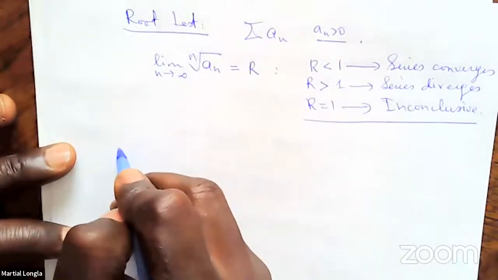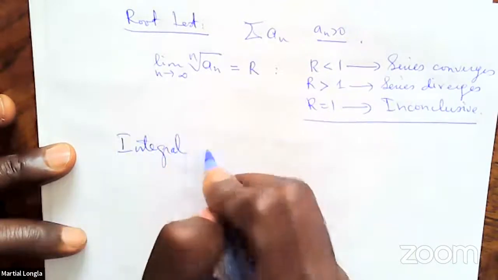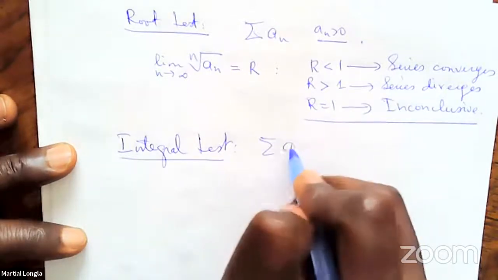And then we had the integral test, still for the sum of an.